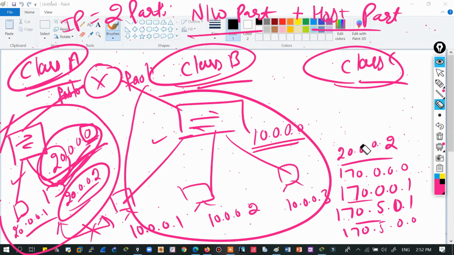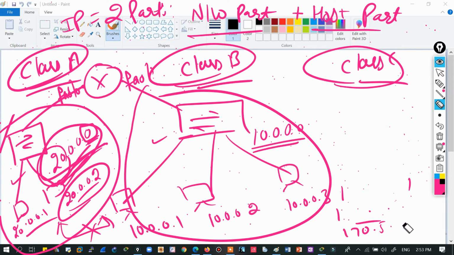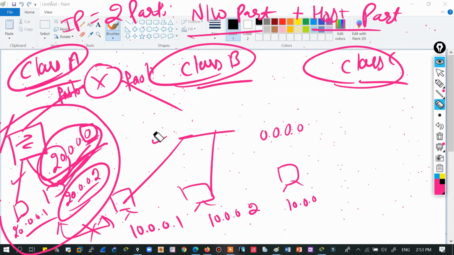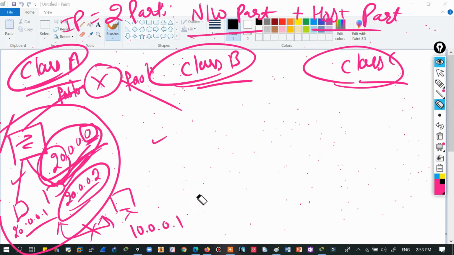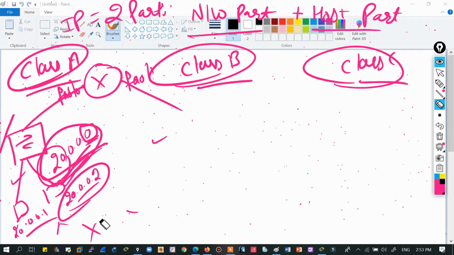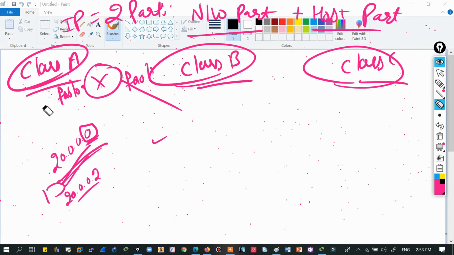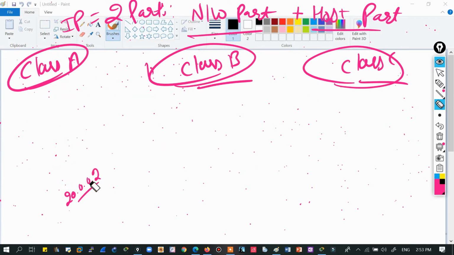As specified by IANA, in class A there are 8 network bits and 24 host bits. In class B there are 16 network bits and 16 host bits. In class C there are 24 network bits and 8 host bits.